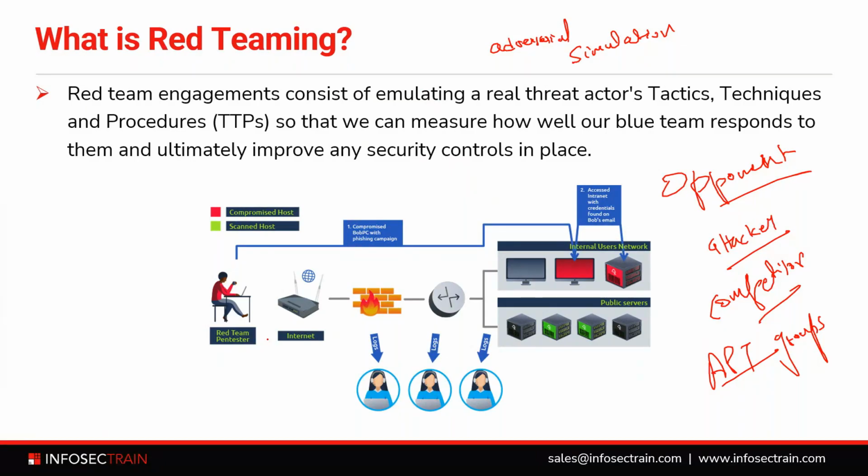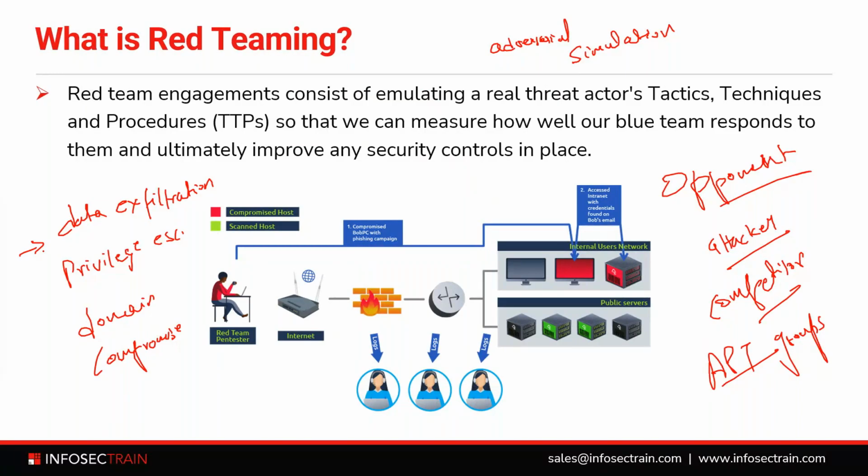So it mimics real-world attackers, using stealth, persistence, and creativity to achieve specific objectives like data exfiltration, privilege escalation, or domain compromise. Now I used three terms: data exfiltration, privilege escalation, and domain compromise.